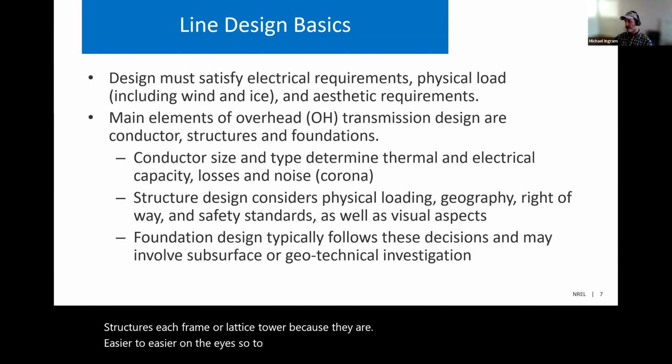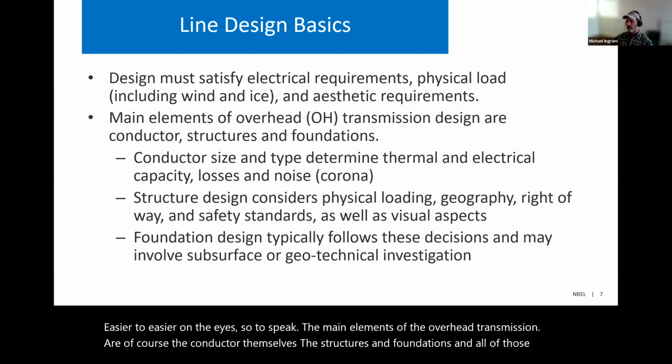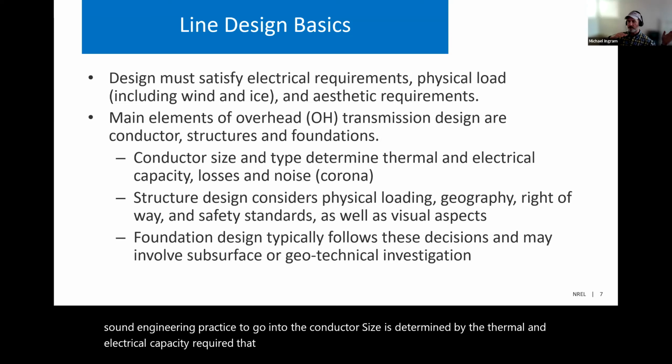The main elements of the overhead transmission are, of course, the conductors themselves, the structures, and the foundations. And all of those require sound engineering practice. The conductor size is determined by the thermal and electrical capacity required, which was determined at the beginning in the studies.